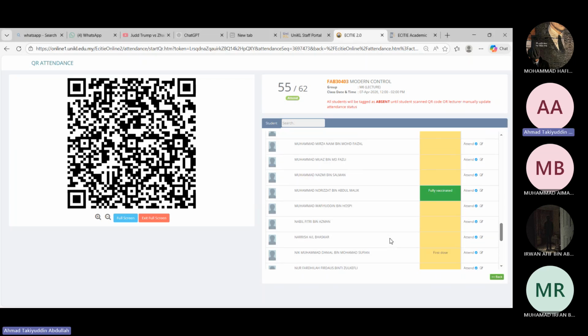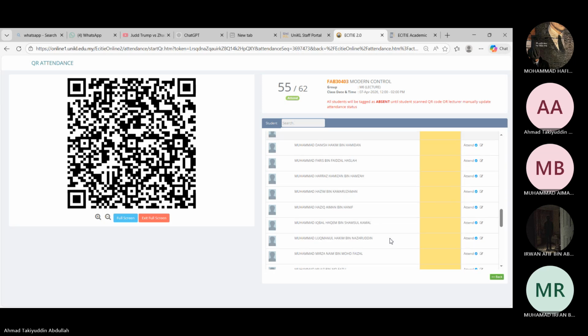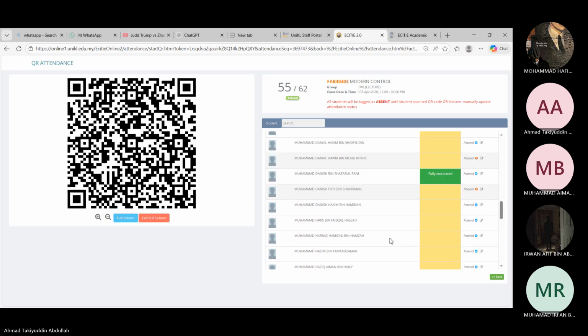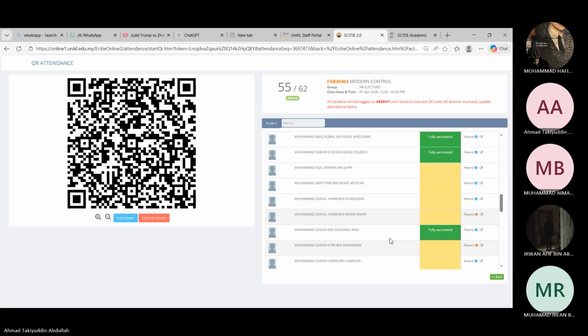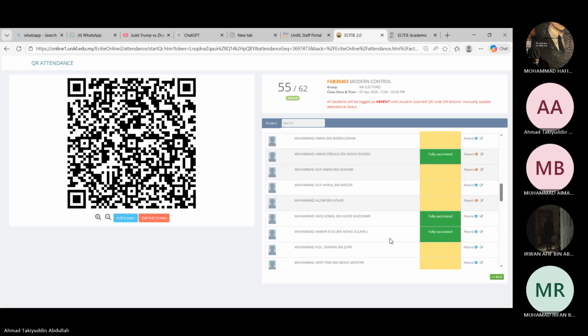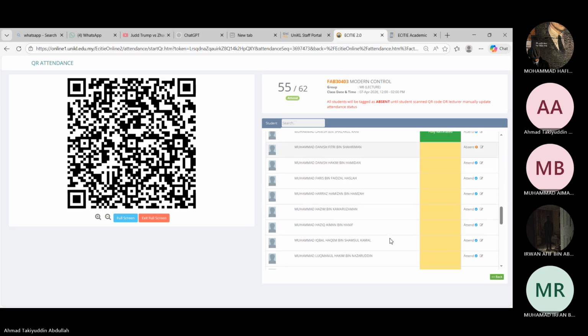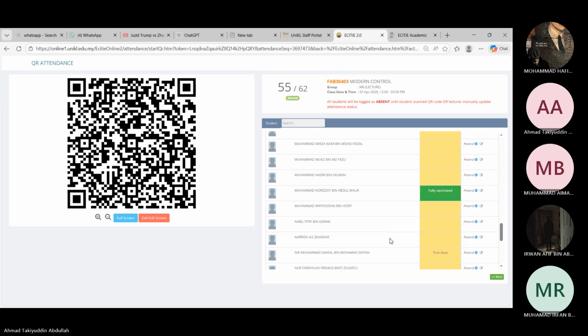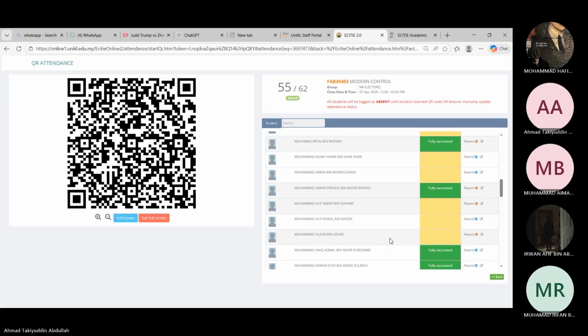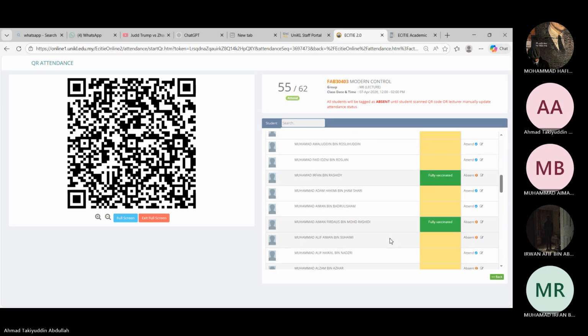Muhammad Irfan Rashidi. Hello, Irfan, awak boleh scan ke tak? Aiman boleh scan ke tak? Hafizam dah boleh.